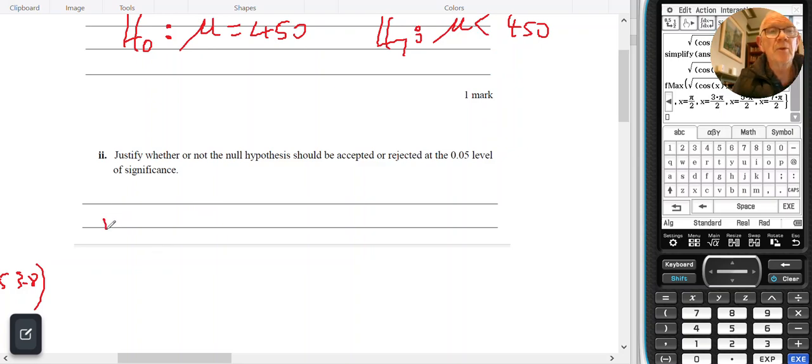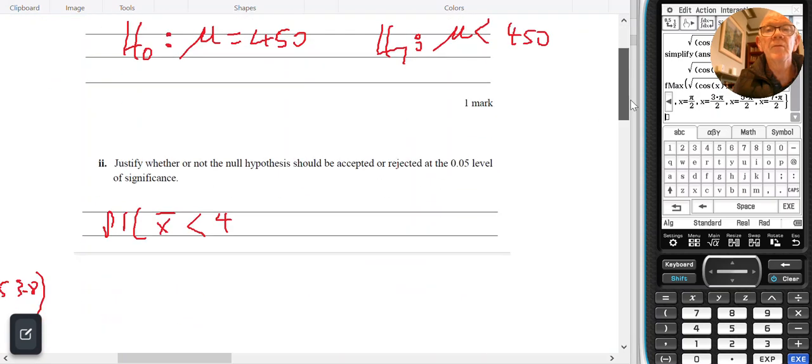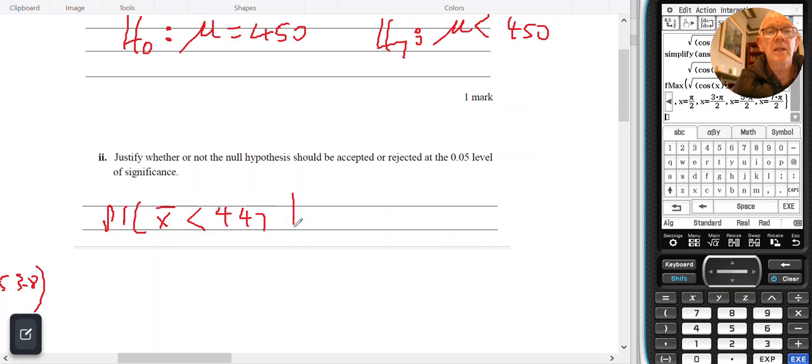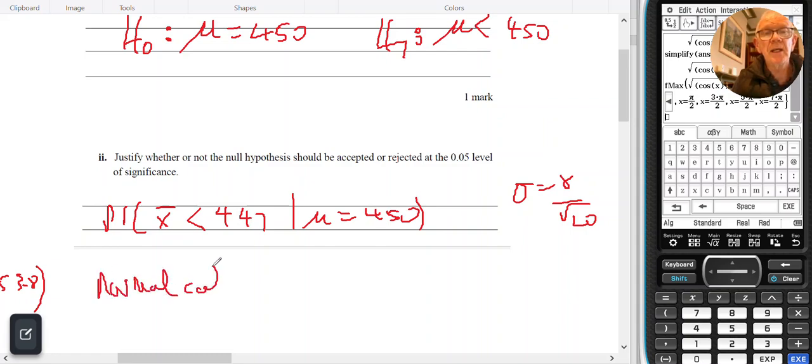So I want the probability that x bar is less than whatever we got, 447, given that the mean is actually 450, standard deviation is 8 divided by the square root of 20 in this particular case.